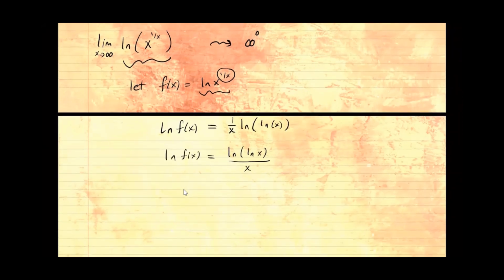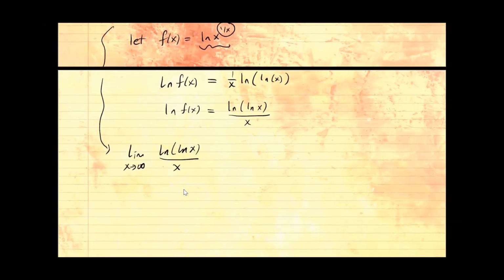Now we can start taking the limit. So let's bring it right here. So this is the limit as x approaches infinity of ln of x over x. Now what happens when you take the limit? So as x goes to infinity, what happens to ln x?